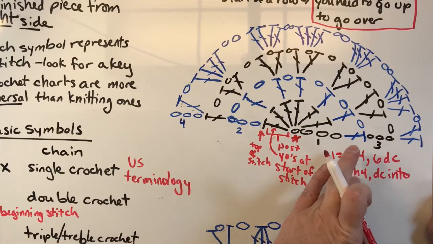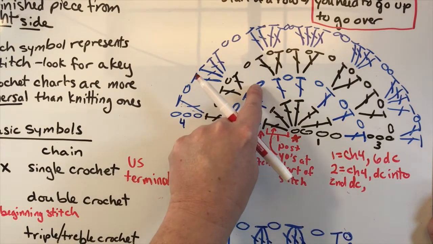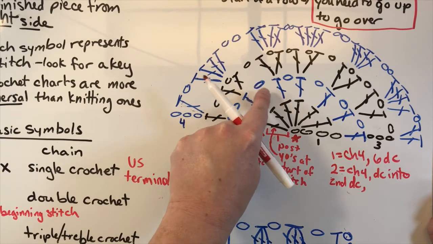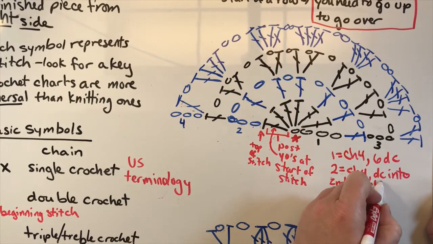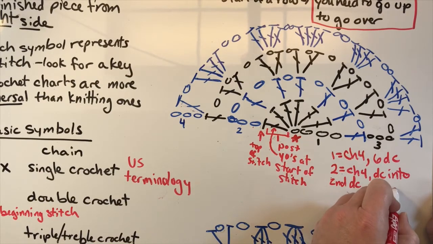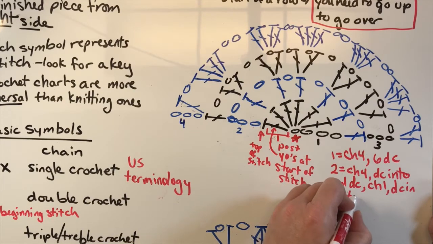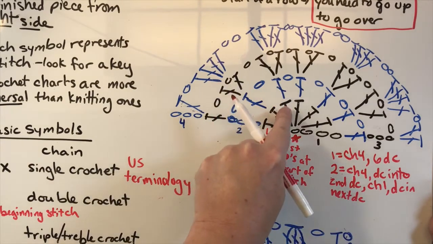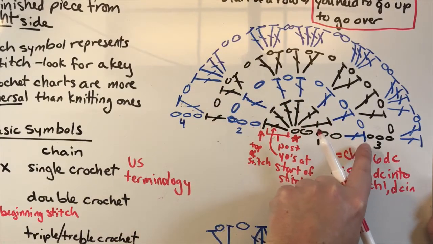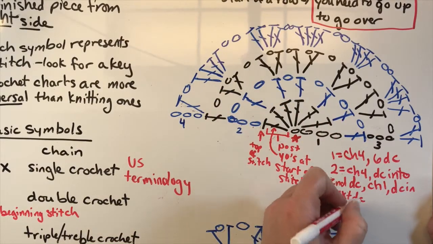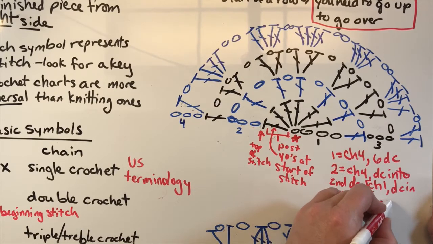Let me try to keep my lettering consistent here. Chain one, double crochet into the next one. Chain one, you could do that all the way across, and the last one you are, let's see if I can do this across.